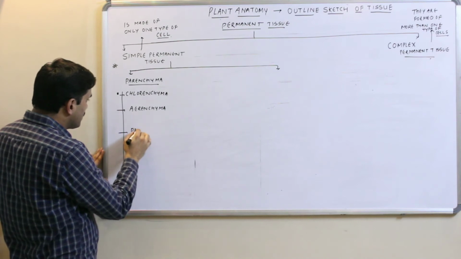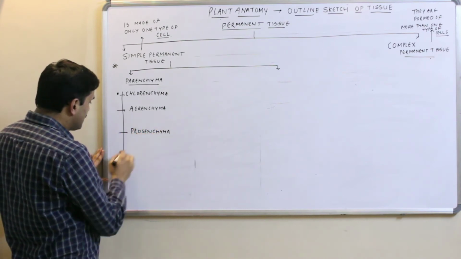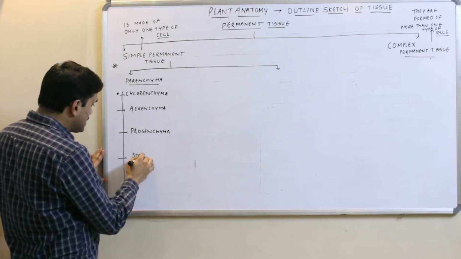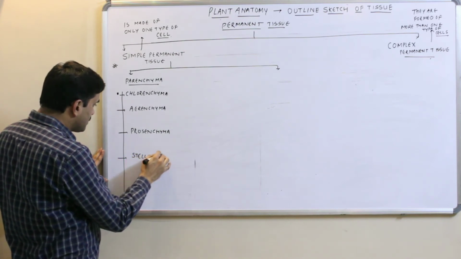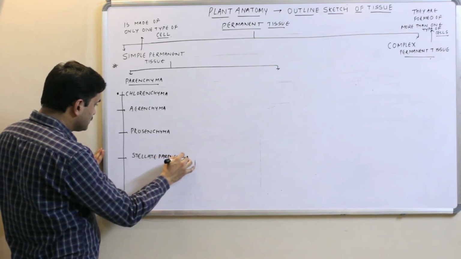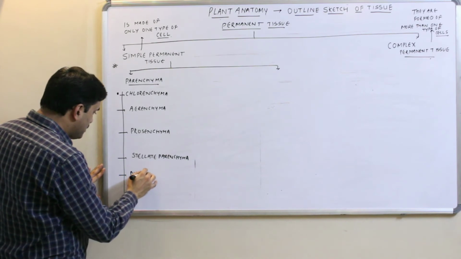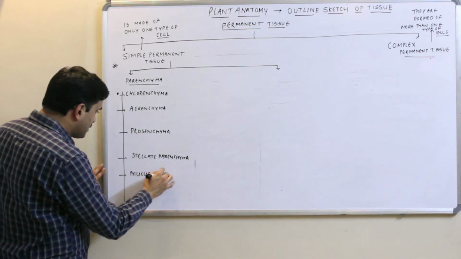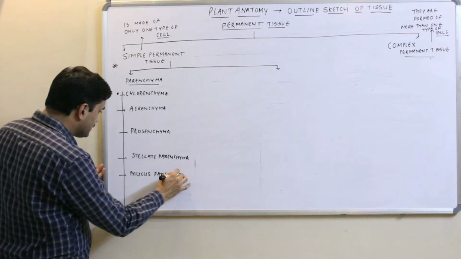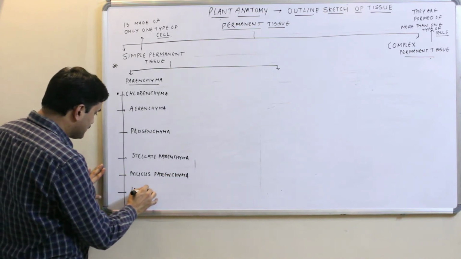Then prosenchyma, stellate parenchyma, then mucous parenchyma, and at the last idioblast.